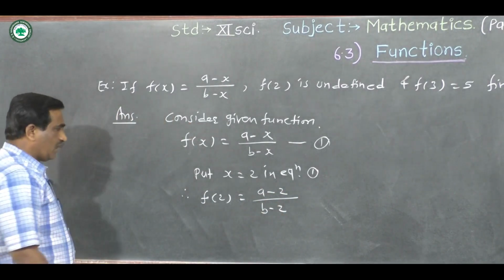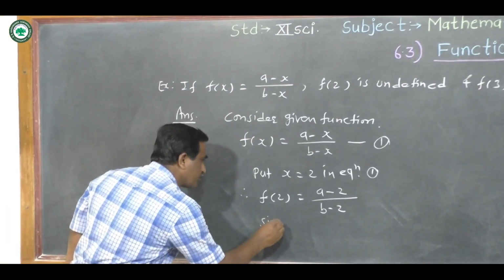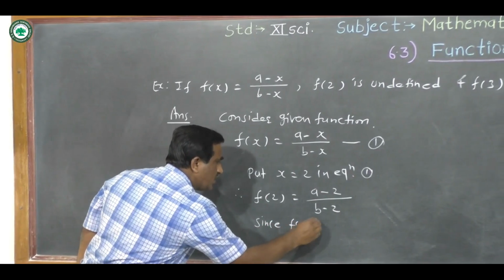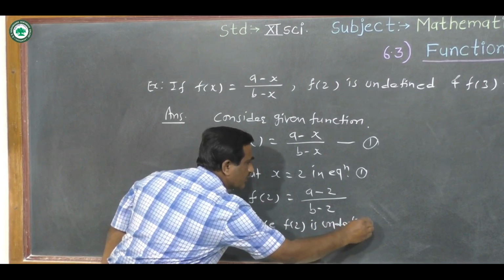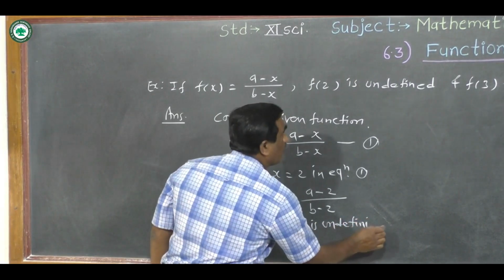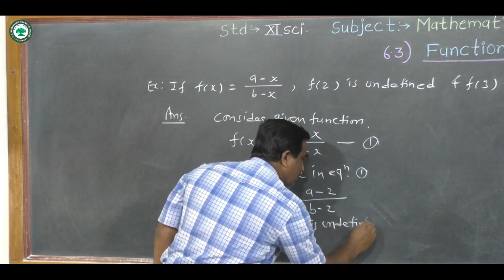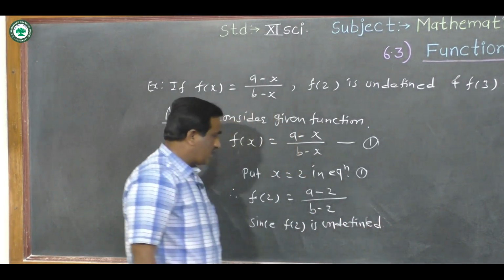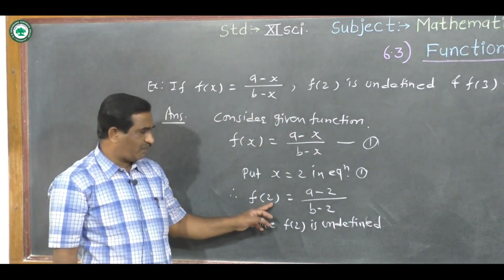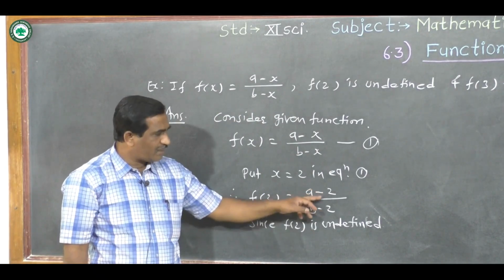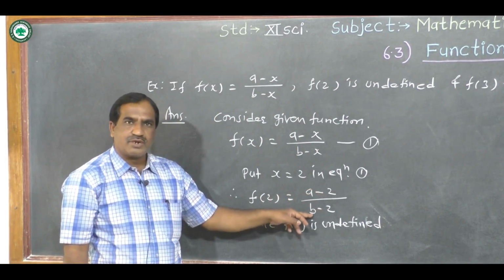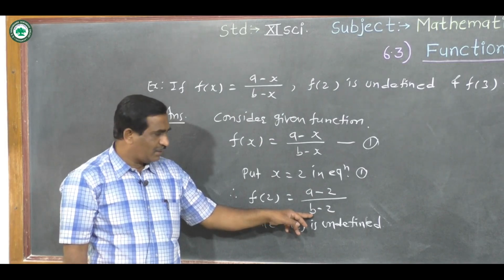Okay, now since f of 2 is undefined, that is, the value of f of 2 is undefined. If we take b minus 2 is equal to 0, then we get a minus 2 upon 0, which is not defined, that is undefined.